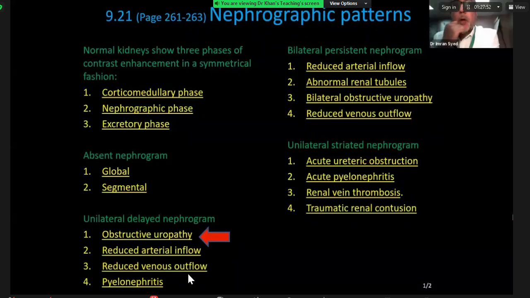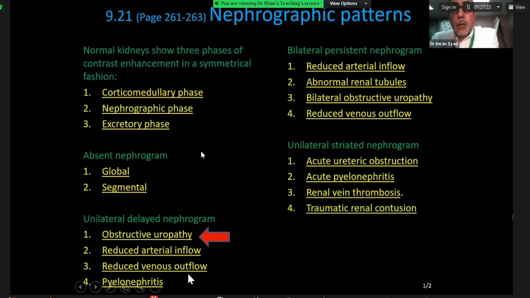Okay, no, I agree. So basically, the take-home message is that if you've done an IVU, you've got a whole series of sequences there. You know that there's a delayed unilateral nephrogram that you can see on the right side with no excretory phase demonstrated, and therefore, as featured here, the red arrow points out the obstructive uropathy as a cause for unilateral delayed nephrograms.